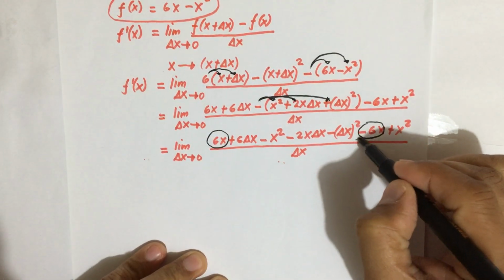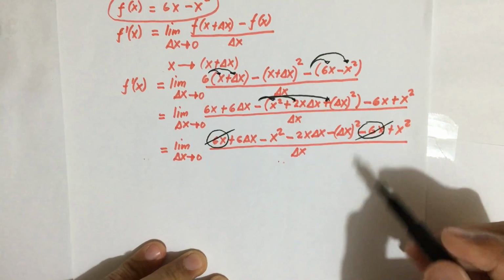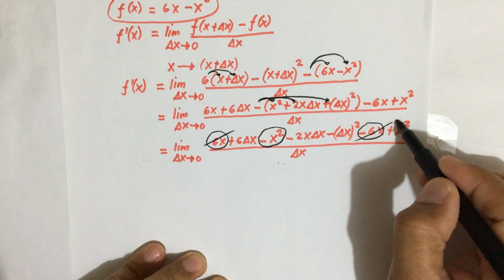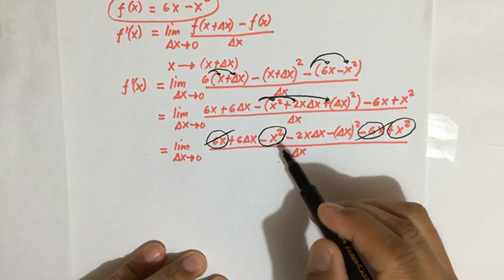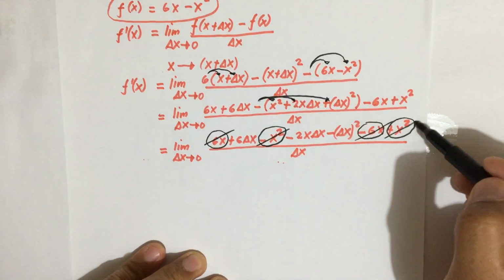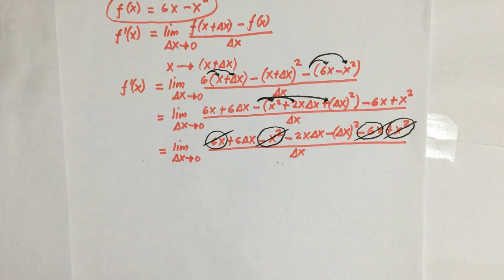So combining, this will be 0. 6x minus 6x, 0. We have negative x squared. We have positive x squared. So when we combine them, minus x squared plus x squared, this is also equal to 0. So what is now left in our numerator?